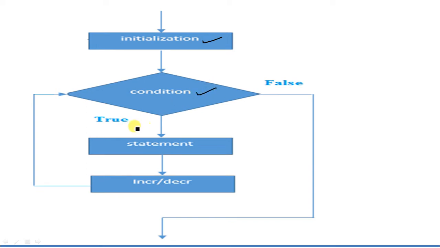If the condition is true, then execute the statement, then increment or decrement the value, then again check the condition. If the condition is true, then execute the statement. If the condition is false, it comes out of the for loop.